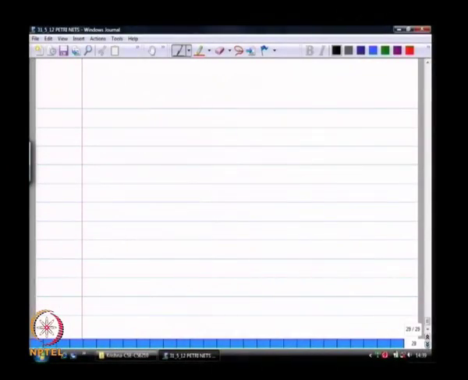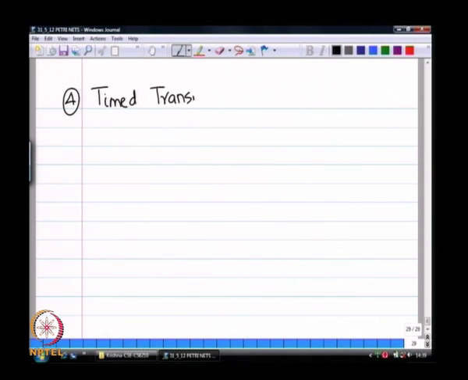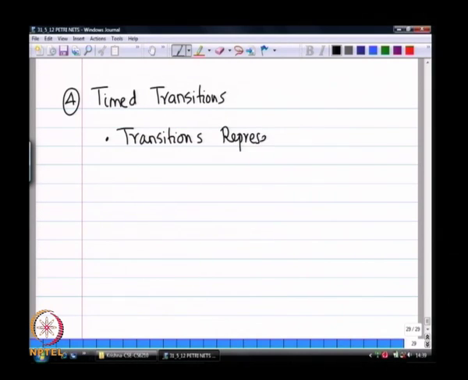Now we will come to timed transitions, which is something that we can quickly all relate to. Transitions represent an event or an activity. It is some processing going on, an event or activity.